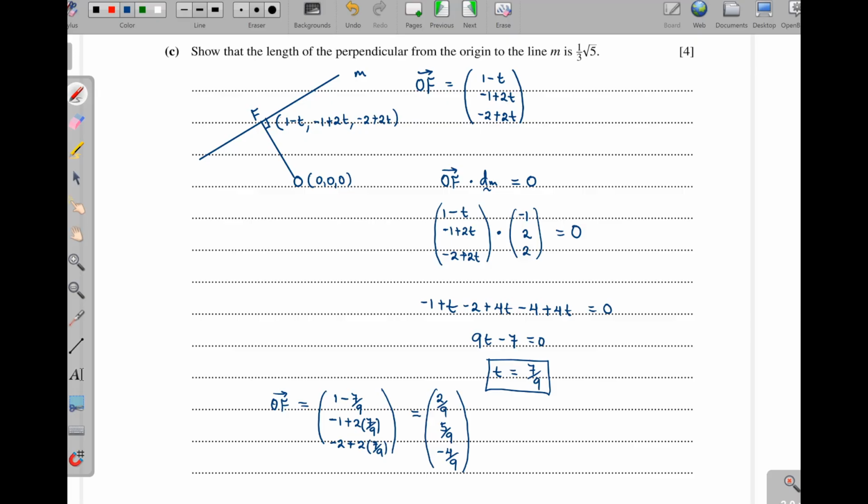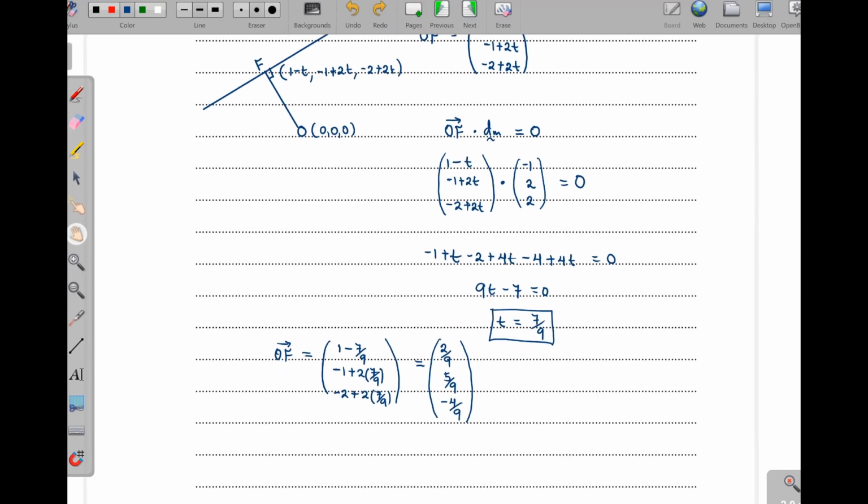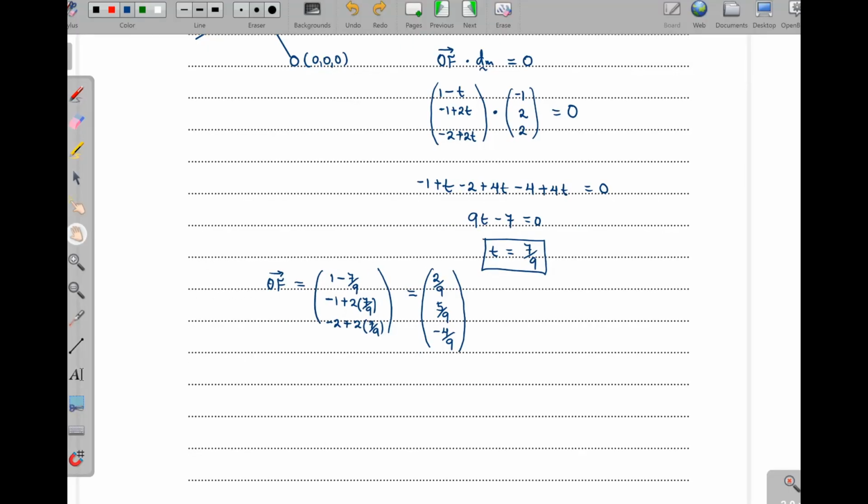Now, they said the length of the perpendicular from the origin. So we need to find this length of OF. What do we get here? The length of OF is going to be the square root of 2 over 9 squared, plus 5 over 9 squared, plus negative 4 over 9 squared.